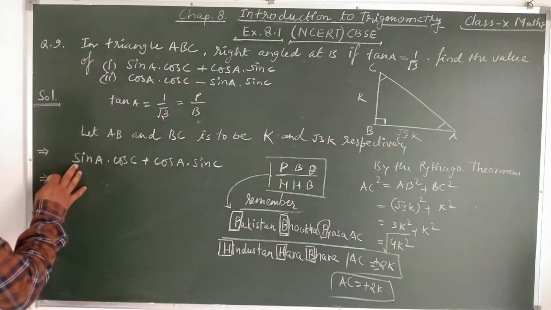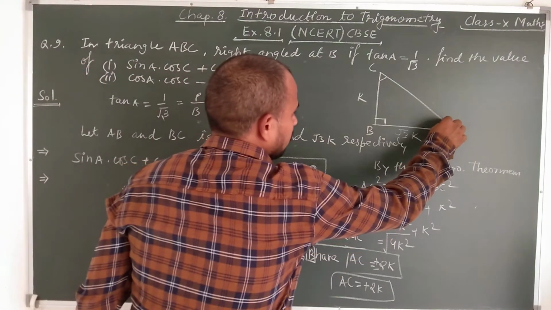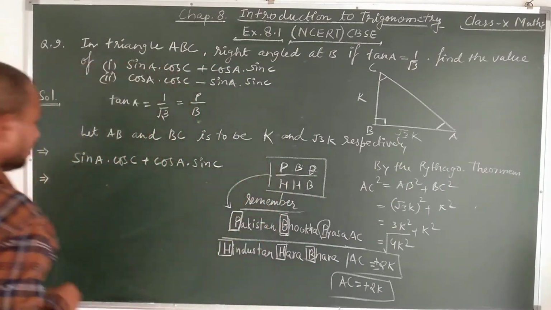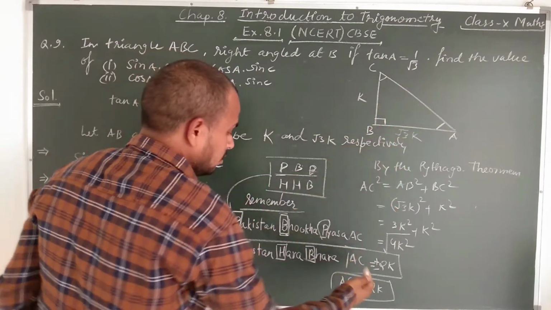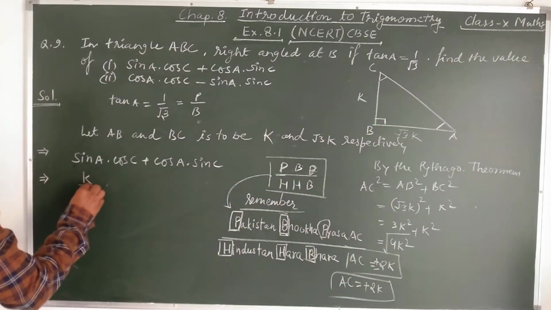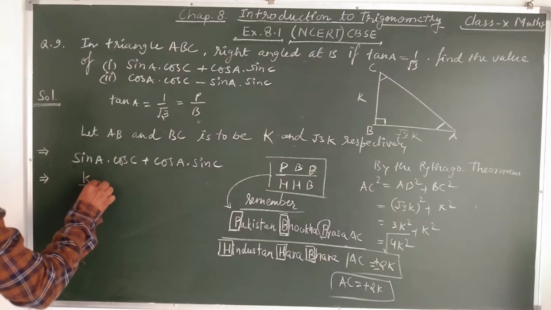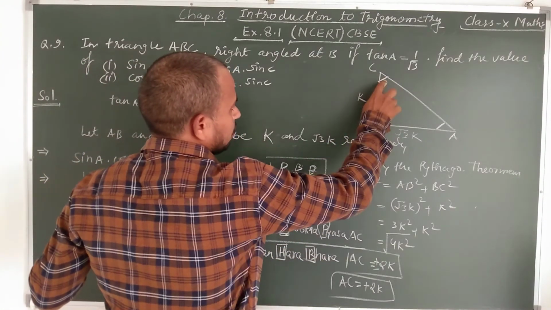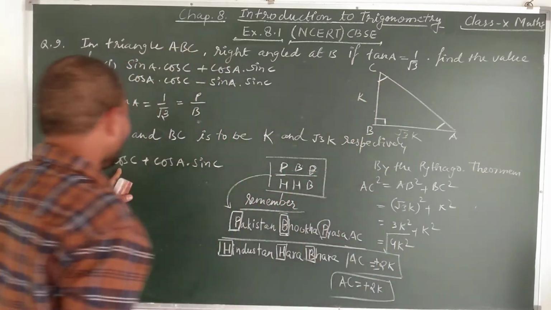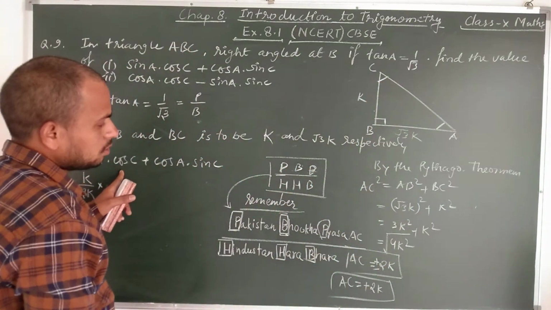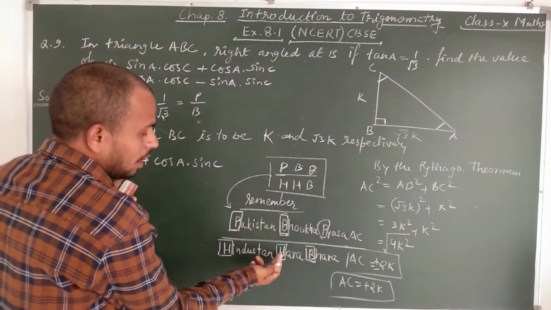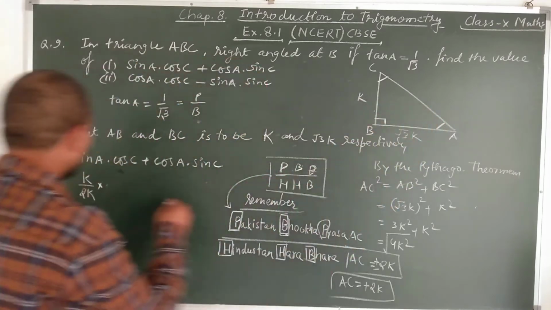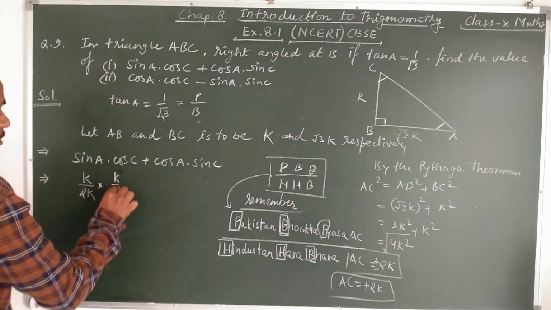So in this way you can remember PVP upon HHP. Now we have to find sin A. Sin A is perpendicular upon hypotenuse, so perpendicular k and hypotenuse 2k, so k upon 2k, into cos C. For angle C we have to find cos C, which is base upon hypotenuse, so this is base and this is hypotenuse, k upon 2k.